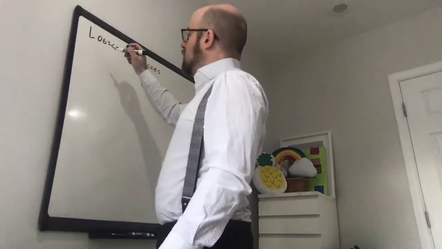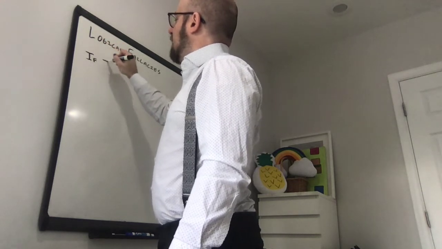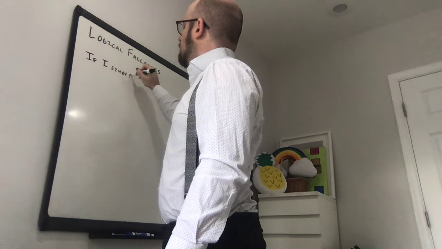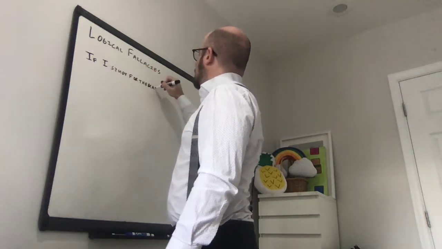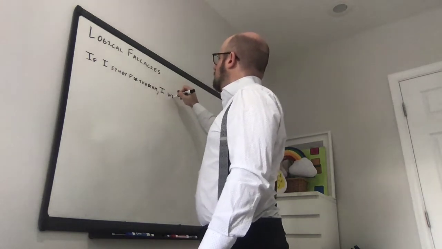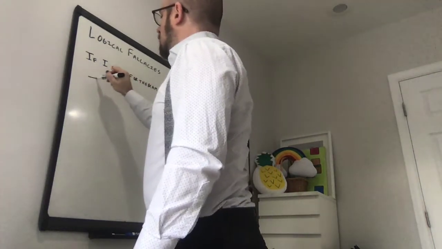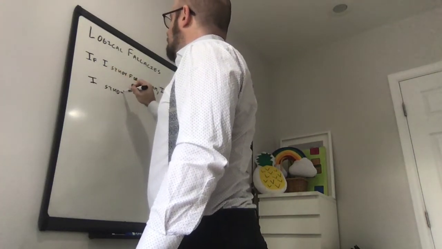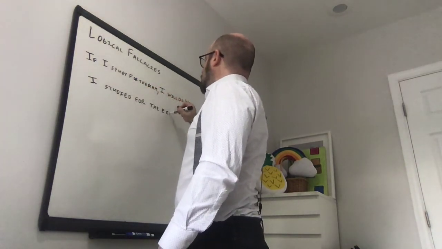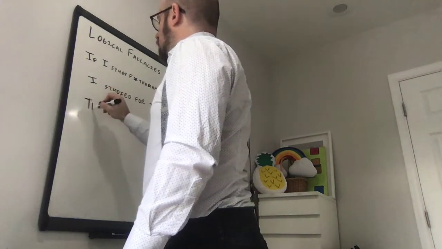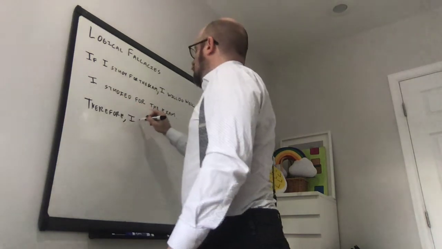I'm going to set up an argument where we say, if I study for the exam, I will do well. I studied for the exam. Therefore, I will do well.